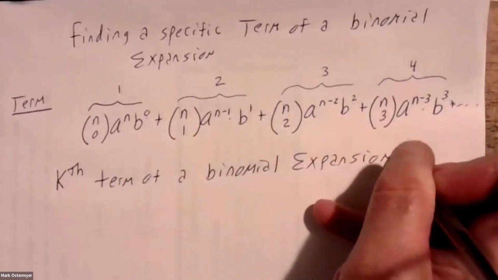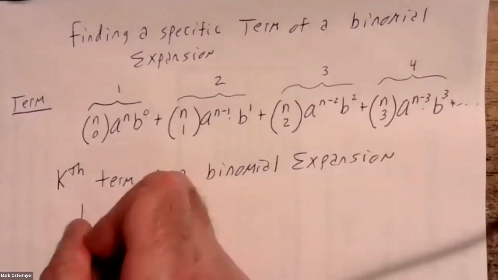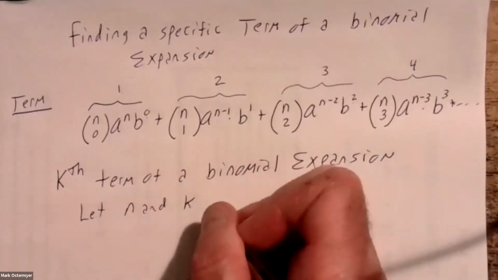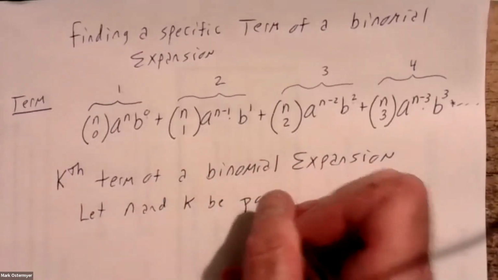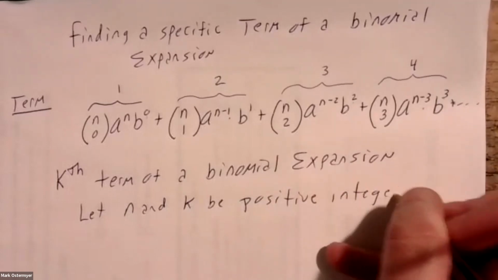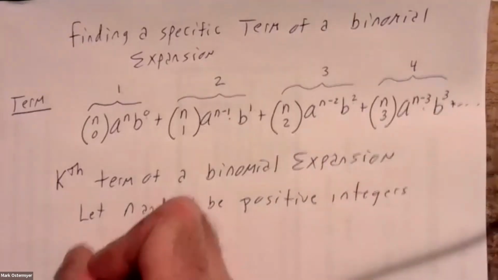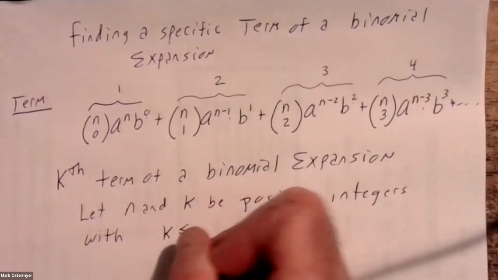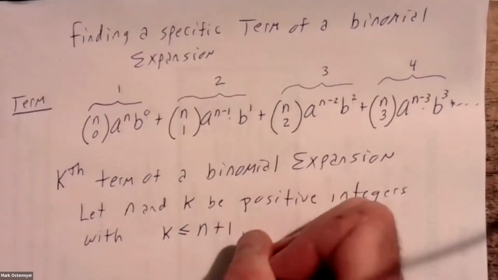To find the kth term of a binomial expansion, we're going to let n and k be positive integers with k being less than or equal to n plus 1.